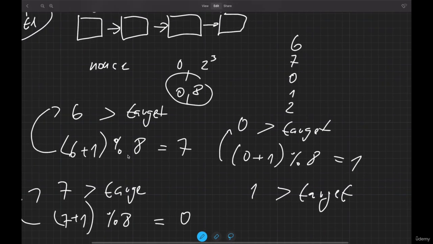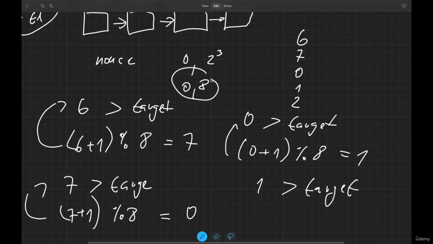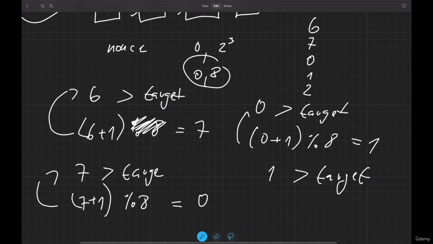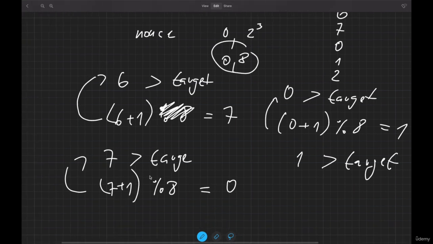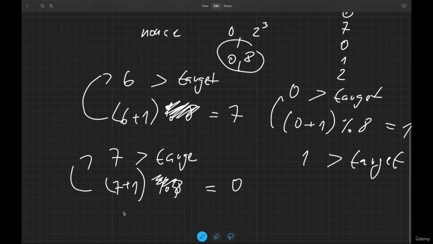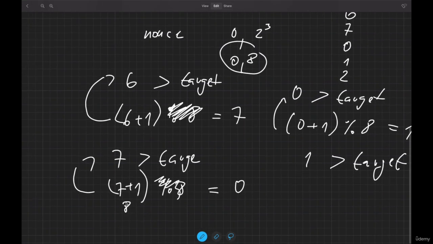Since the interval is 0 to 8, if we didn't have this modulo operator, we would keep incrementing and go above the limit. We would go to 8, then 9, 10, and so on.